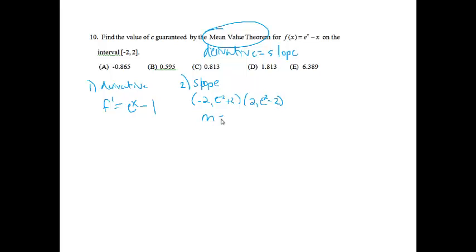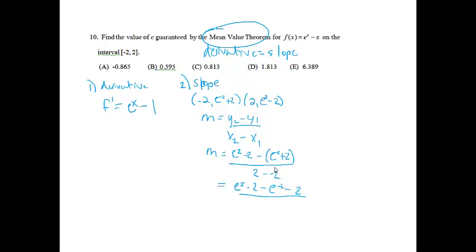Okay, now to get the slope, it's y2 minus y1 over x2 minus x1. So the slope will equal e to the 2 minus 2 minus e to the -2 plus 2. Notice that I did put that in parentheses, all over 2 minus -2. Okay, so I'm going to get rid of my parentheses. Now I'll have e to the 2 minus 2 minus e to the -2 minus 2, and that will be all over 4.